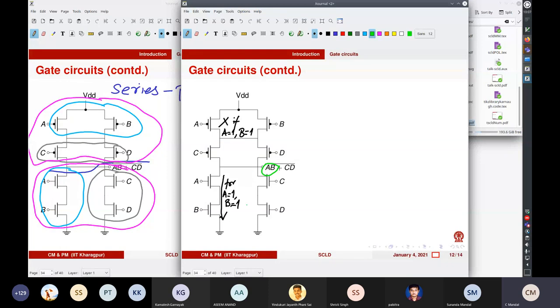And you can see that this is symmetric, so it is quite evident that in a similar way this will also be satisfied. So this gate, as you can see, this is also a gate. Well, if you write down the truth table, you'll have 16 entries. So can you just write down the truth table?